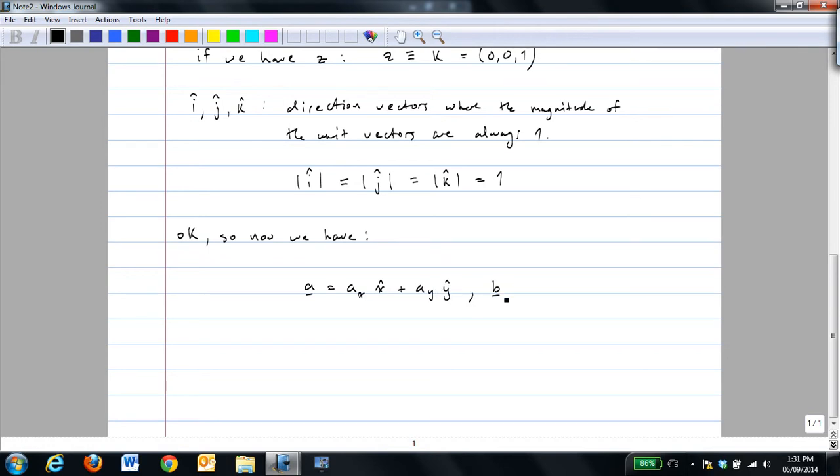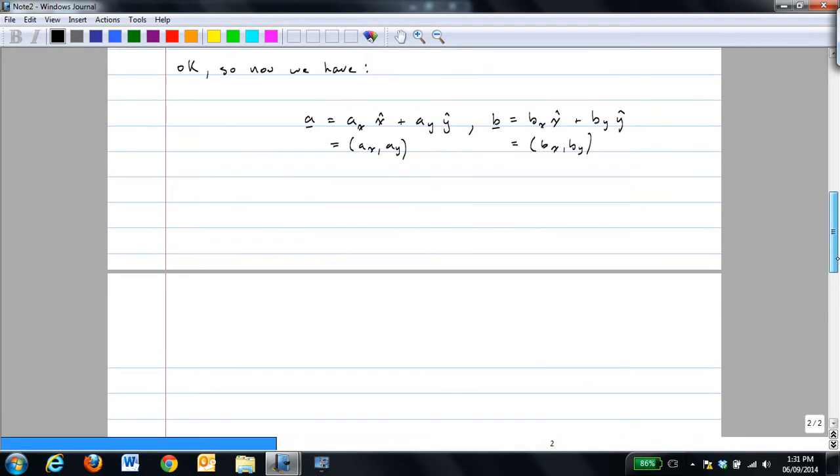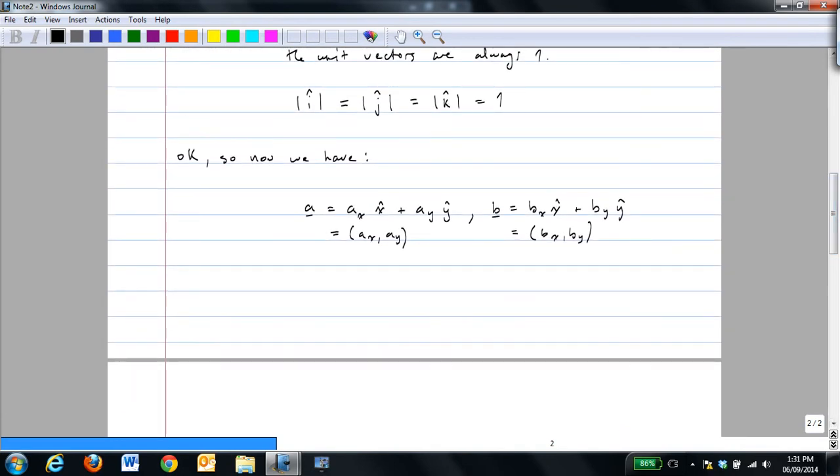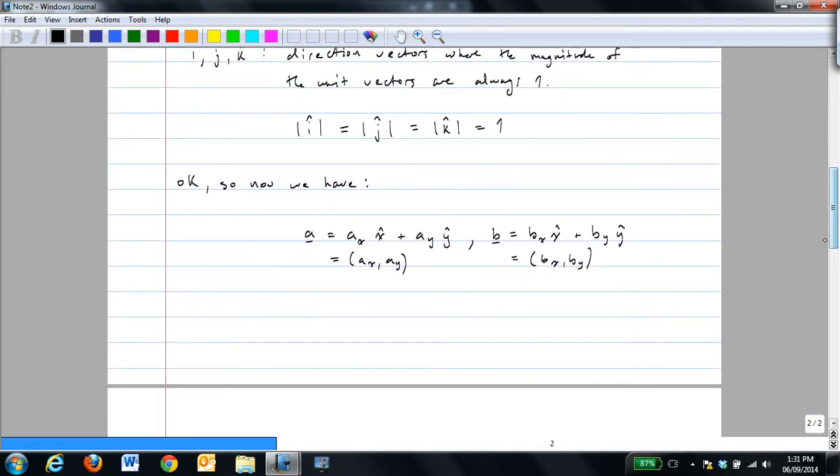Right now I'm only dealing with the 2D system. Then we have our B vector, which has an x component times x hat and a y component times y hat. This is the exact same as writing a_x, a_y, and b_x, b_y. The x and y hats denote the coordinate system that we're working in. We're working in Cartesian coordinates, so we have x and y.